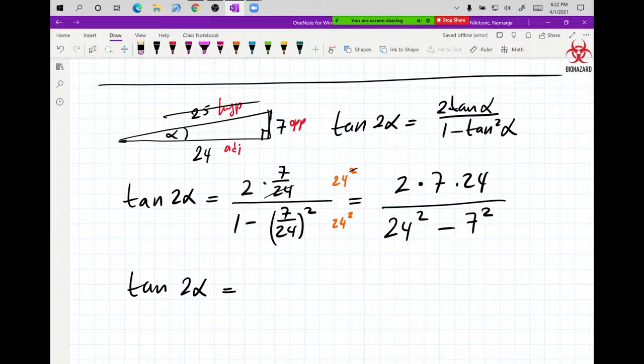So that's 14 times 24 is 336, and 24 squared minus 7 squared is 527.